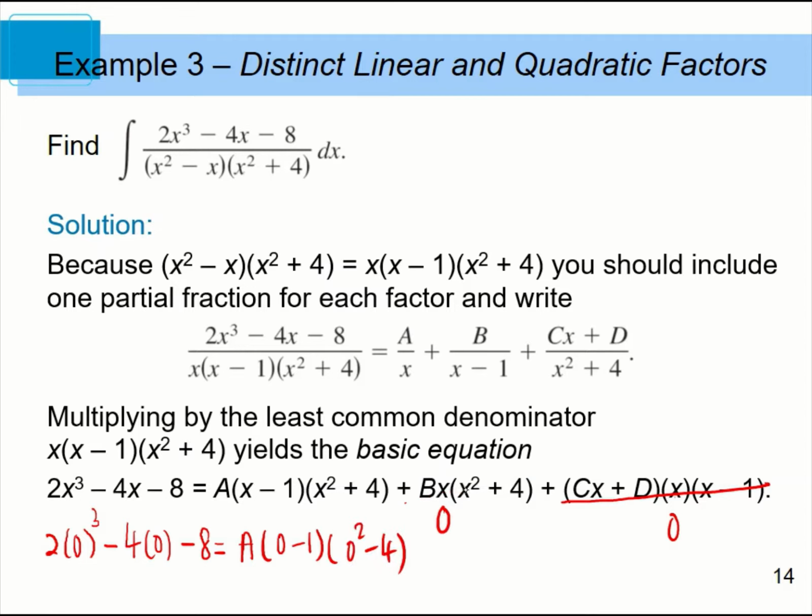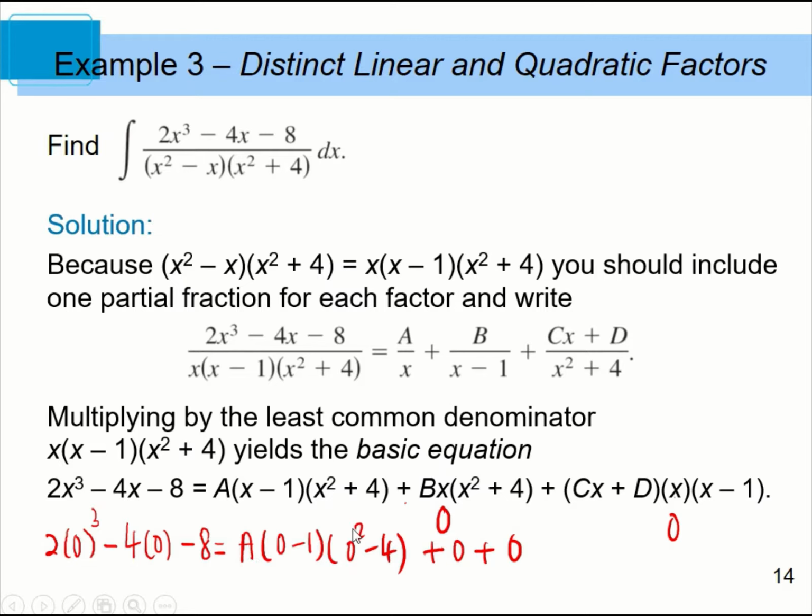For this one, of course, when we have B multiply 0 squared plus 4, we get 0. And for this one, when we have 0 here and multiply, we get 0 for the whole term. So we get plus 0 and plus 0 for the second and the third term. On the left-hand side here, we have negative 8.